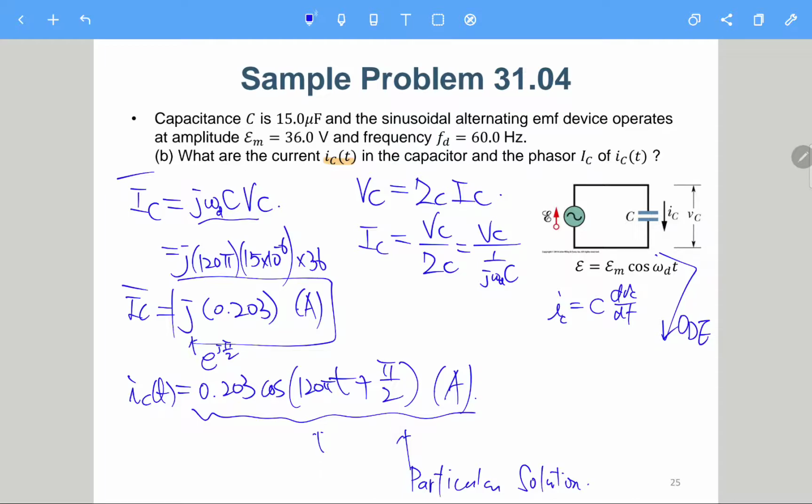And we already discussed the homogeneous solution, which we just ignore here.